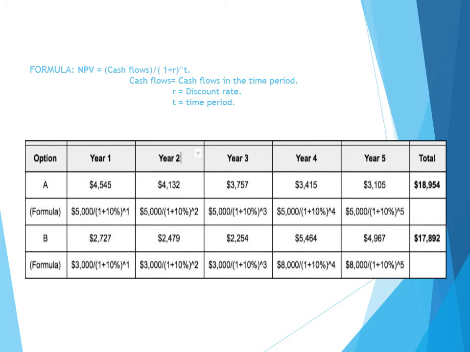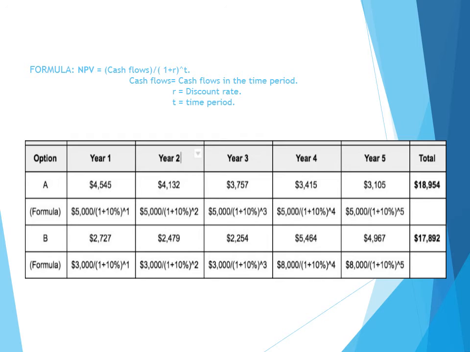As you can see here, for option A we have 5,545 until the last year, which is 3,105. By using the formula of net present value, you can calculate the net present value for each year.